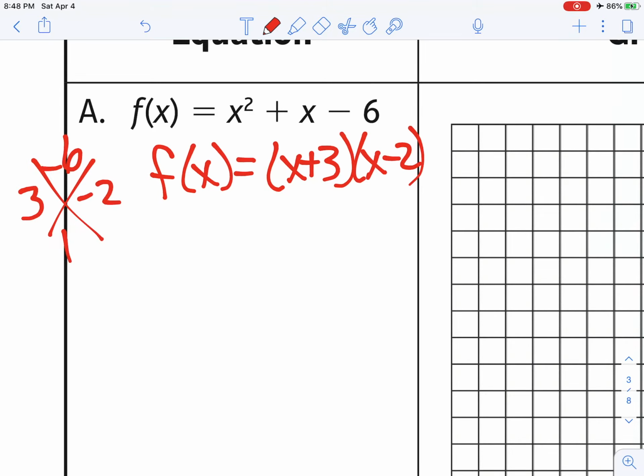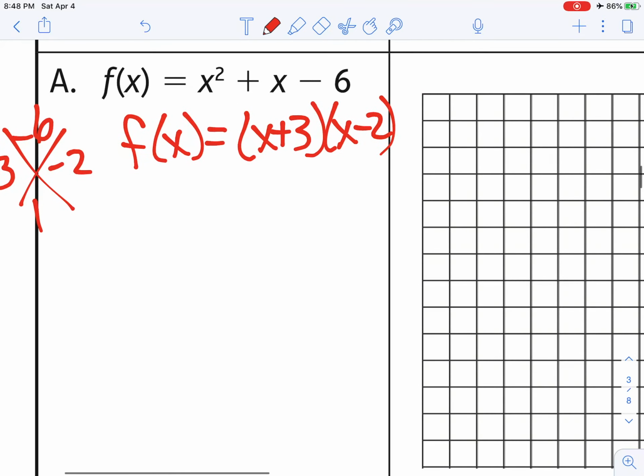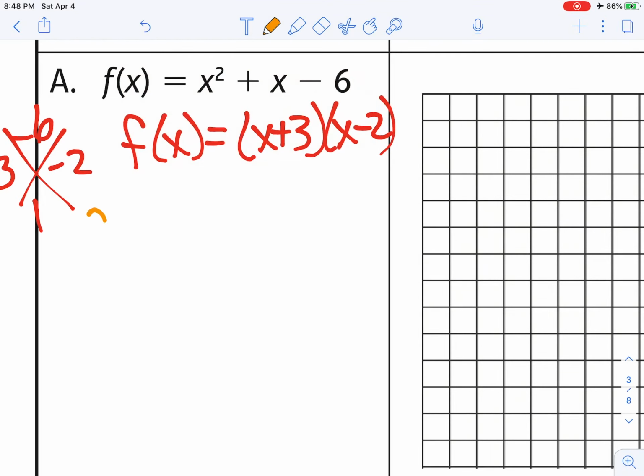Well, in order to graph this, don't I need to know what my vertex is also? Okay, so my vertex is going to be -b over 2a, so -1 over 2 times 1, so -1/2.